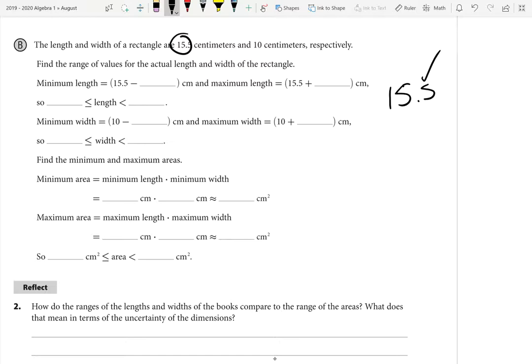So when we add and subtract a half unit, we're going to have to go 1 more place further, and that's where I'm going to put my 5. So my 5 will be in my hundredths place, because remember, it's always 1 place further over. So now you add the 0.05 and you subtract the 0.05. When you add it, you'll have 15.55, and when you subtract it, you get 15.45.